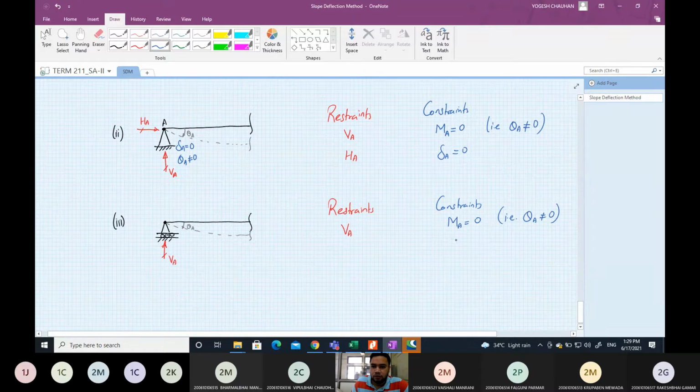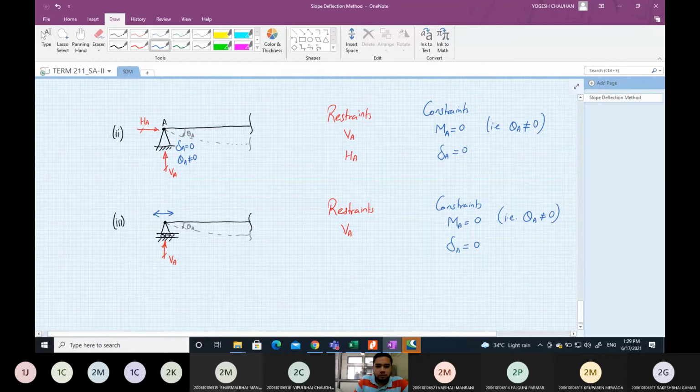Second, this delta A is also 0, and again this can translate as well. This can translate this way.